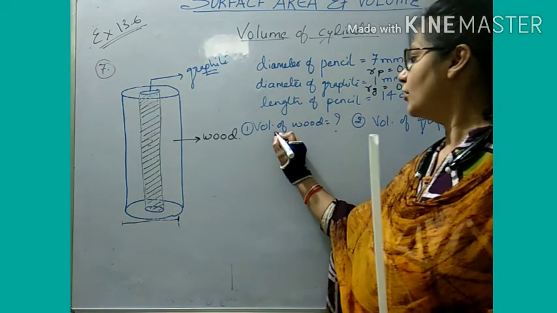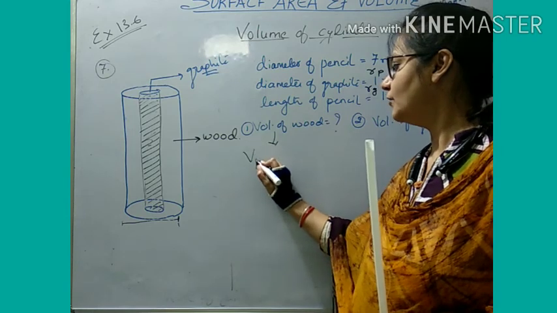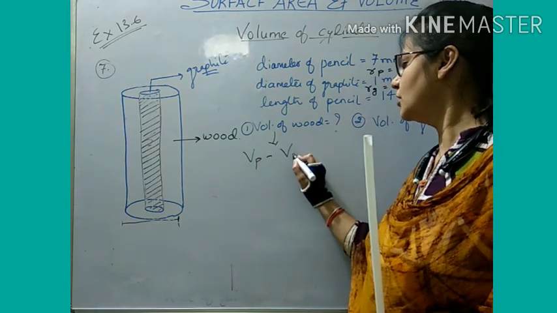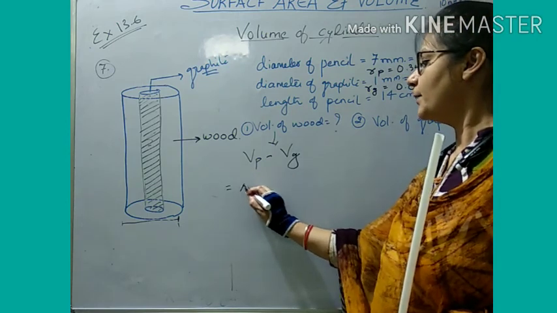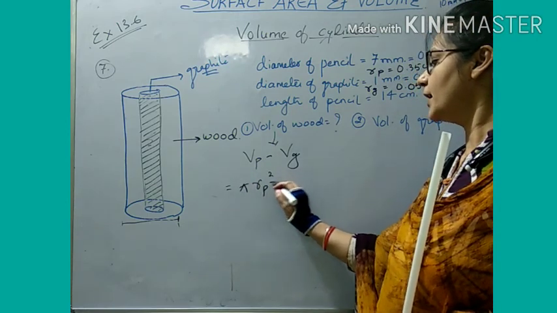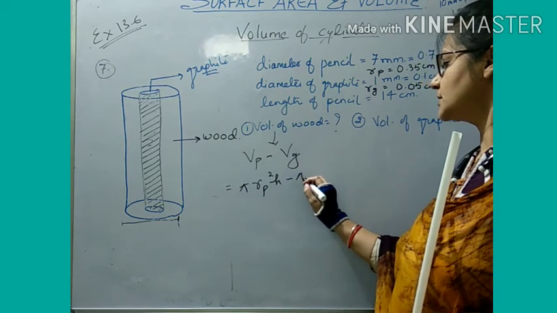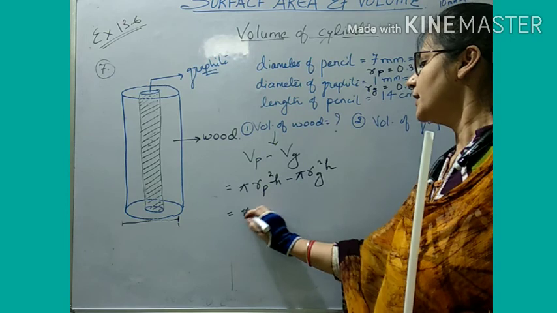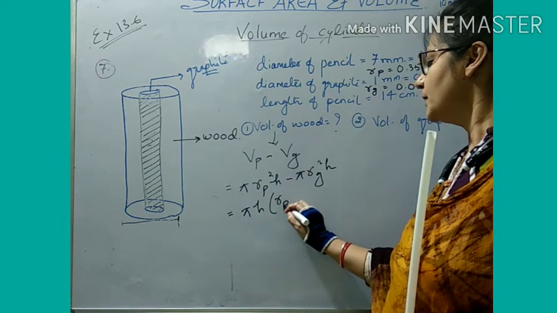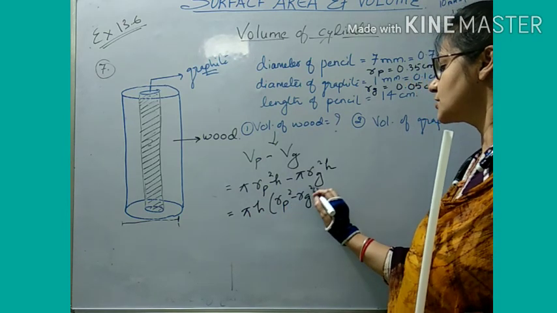So for the volume of wood, what we will find? Volume of pencil minus volume of graphite. And by putting the value, क्या आ जाएगा? Pi r p square h minus pi r g square h. Take out pi h common, r p square minus r g square.